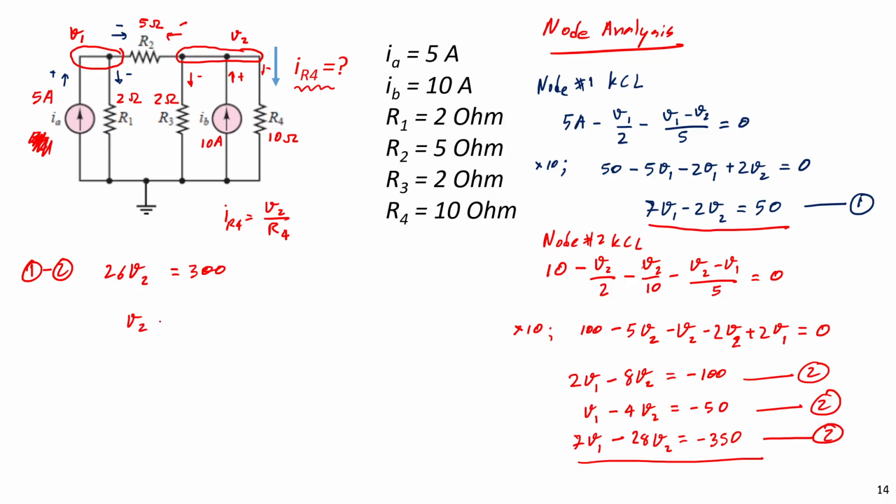So V2 is 300 by 26. The current through R4 is V2 divided by R4, 300 by 26 by 10, which is 300 divided by 260.